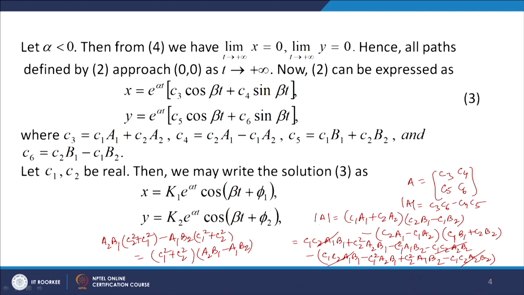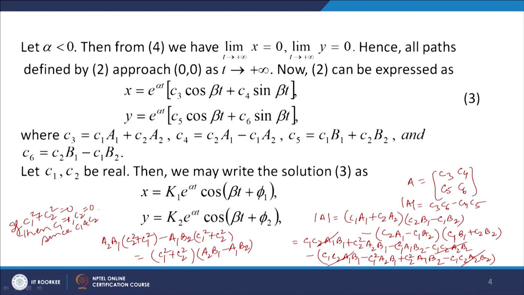Okay. Now, let us look at the situations where determinant of A can be 0. Determinant of A can be 0 if c1 square plus c2 square is equal to 0. Since c1 and c2 are real quantities, c1 equal to 0 and c2 equal to 0.